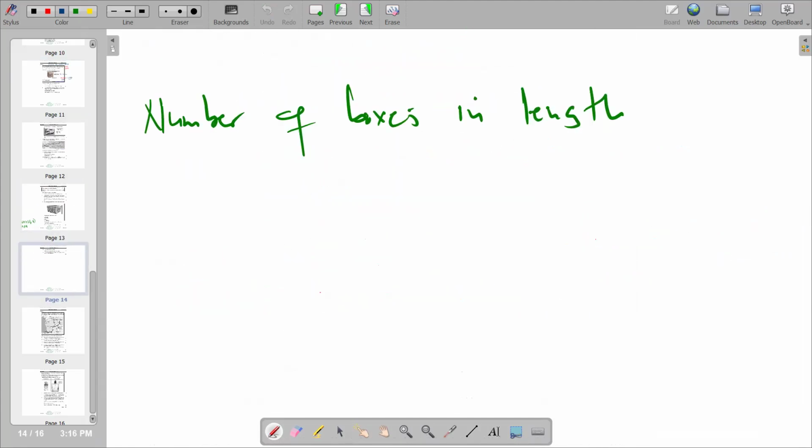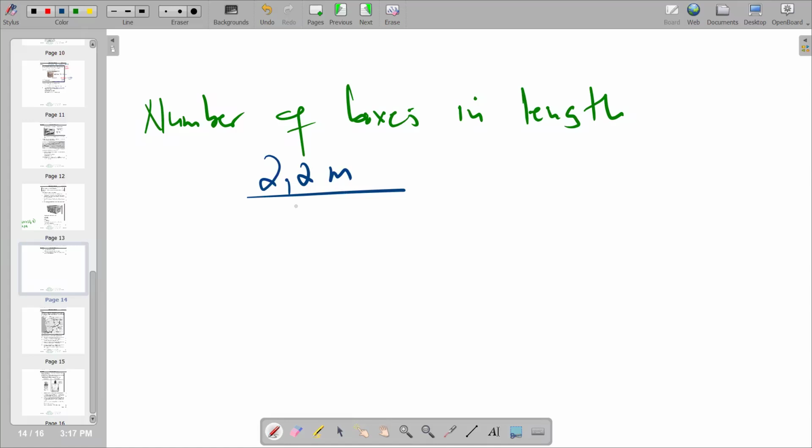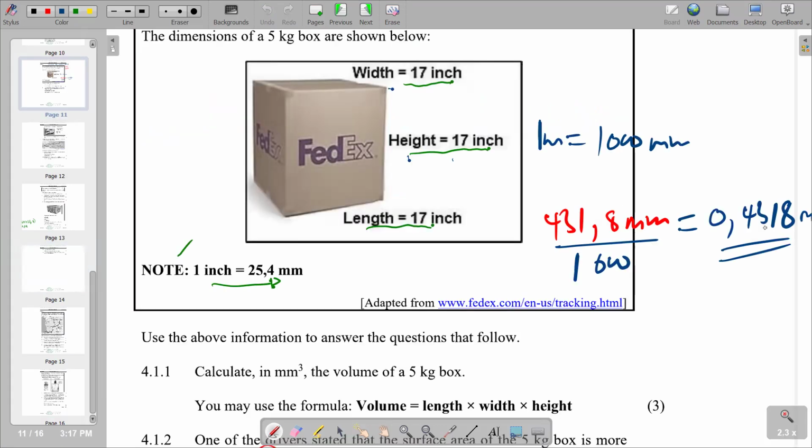So coming here, in terms of our length, we have got 2.2 meters. Then we divide with the one that we got, which, if you refer back, I remember we did calculate, and we got 0.4318.